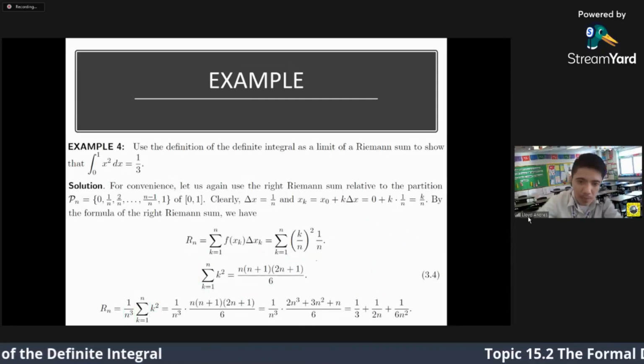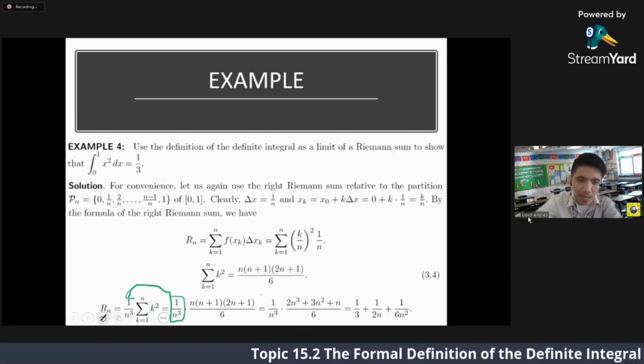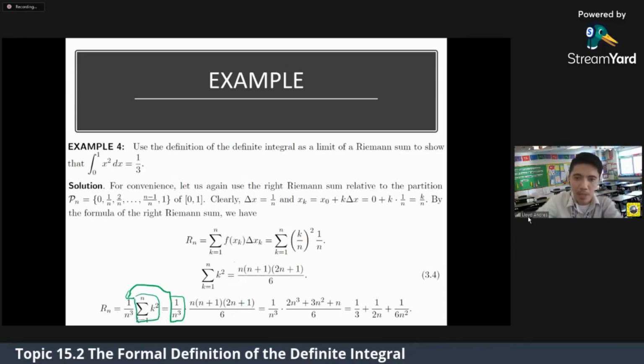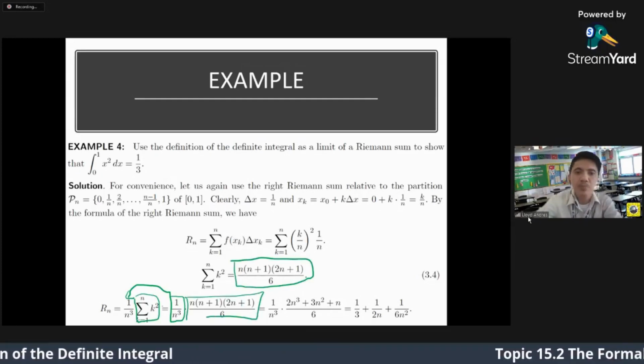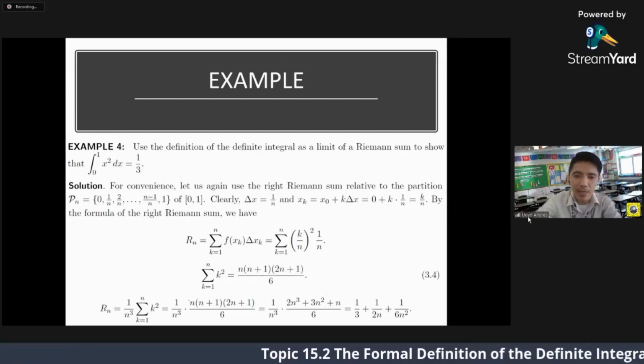So from here, i-copy lang na diha. Then ang kaning summation of k squared from 1 to n, i-copy ra pud diri. So mao na diha. I hope naka-follow. Then simplify na lang ni kanina nga part.